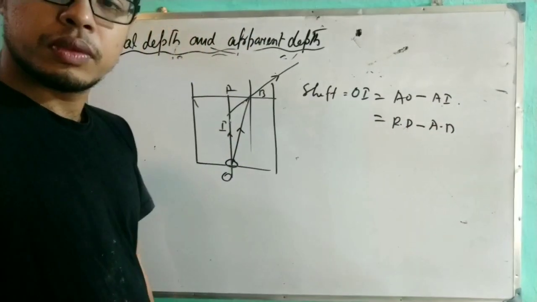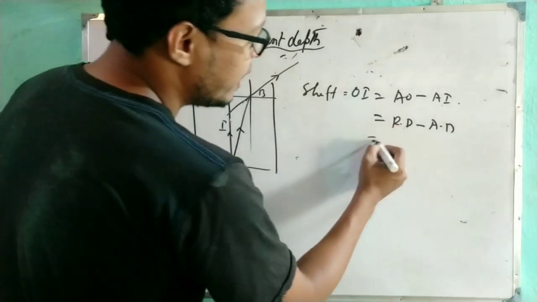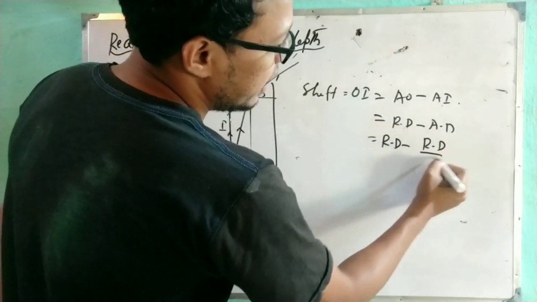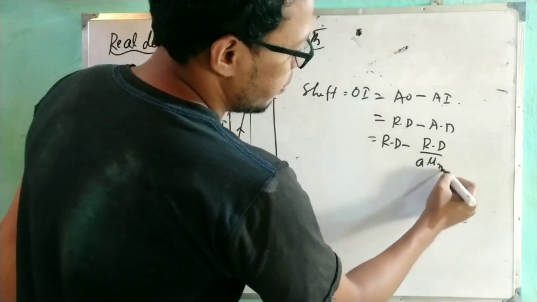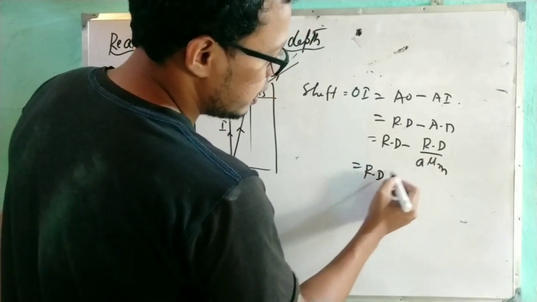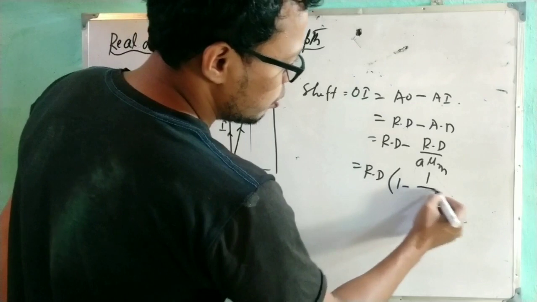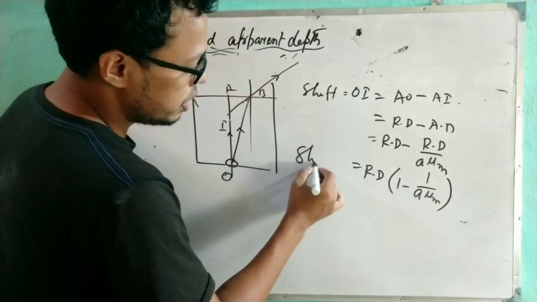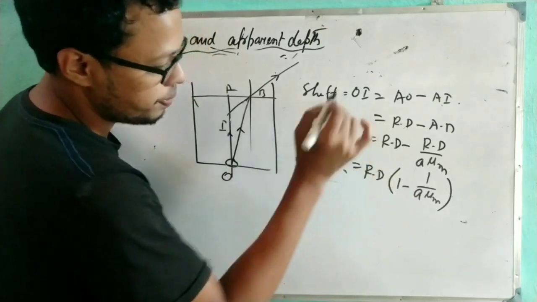Okay. Now apply the formula over here. Real depth minus apparent depth, where apparent depth is real depth by A mu M. So taking real depth common, 1 minus 1 by A mu M. This is the relation of shift.